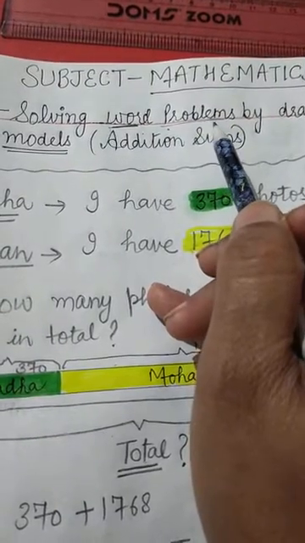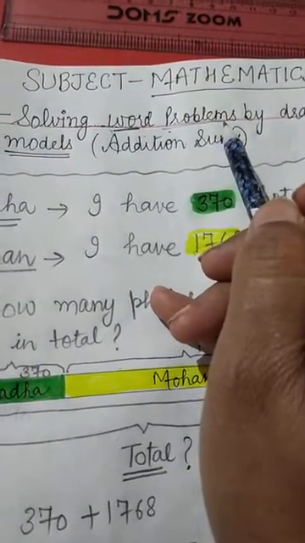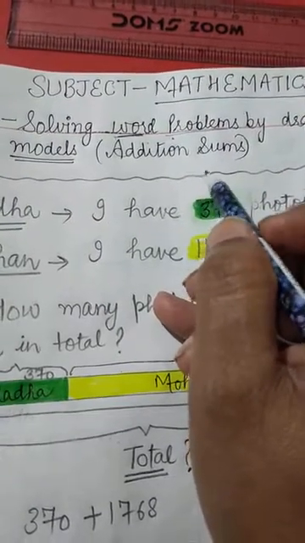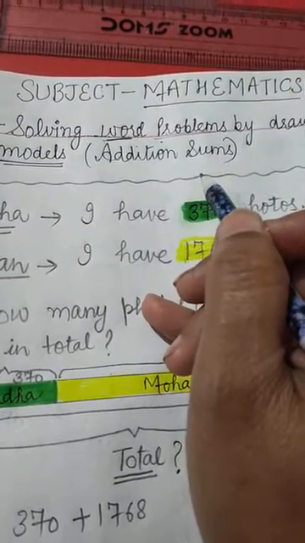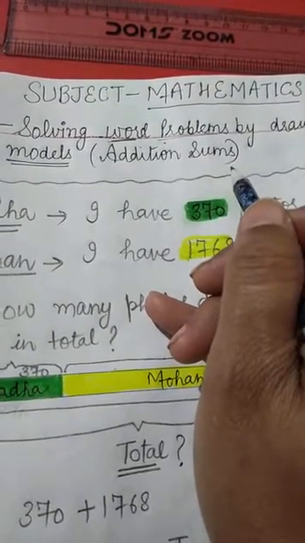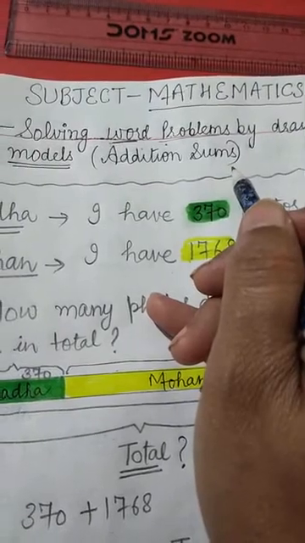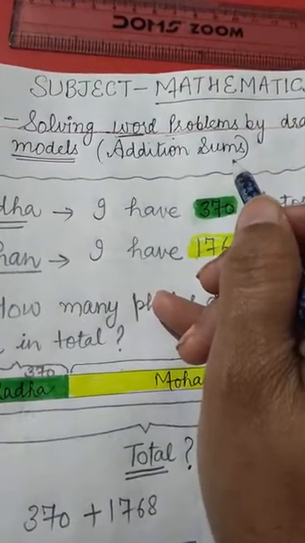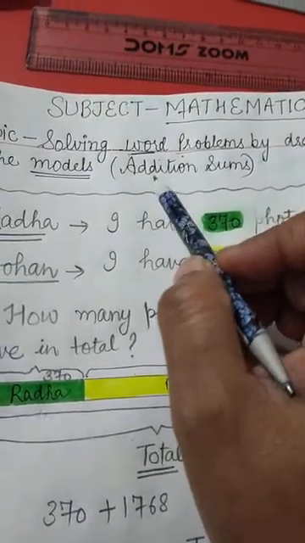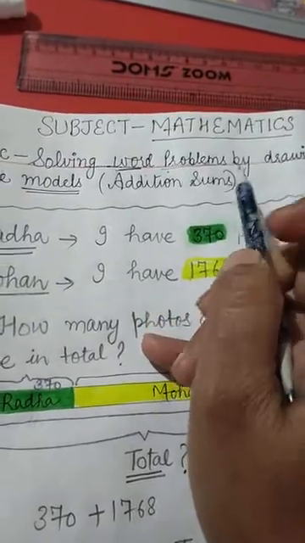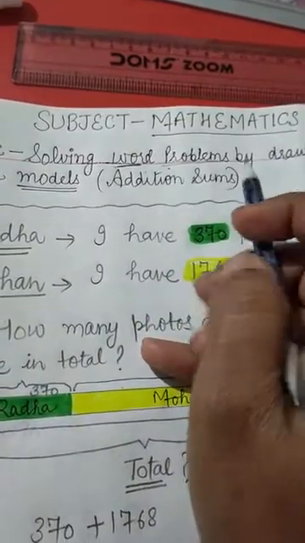The statement sums are very easy to solve by following some steps and keeping some things carefully in mind. As we do other sums easily, you can also do word problems easily. Today I will tell you how to solve these word problems very easily by drawing a model, especially addition sums.